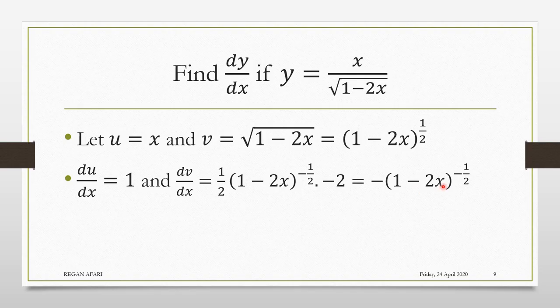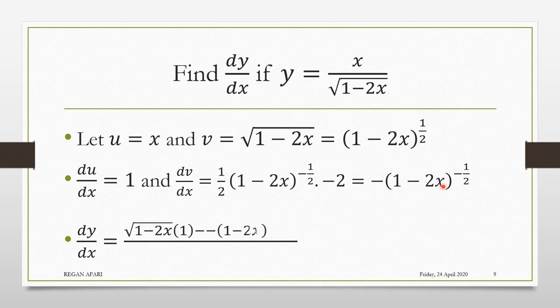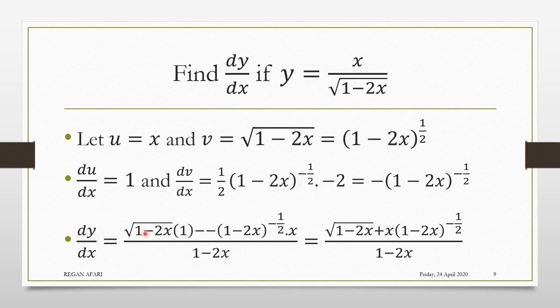So we can just go straight away and substitute into the formula. The formula says v du/dx, okay? So what is v? This is v, okay? So v is here, du/dx is 1, okay? Then we have minus, this is minus what? It says minus u, okay?